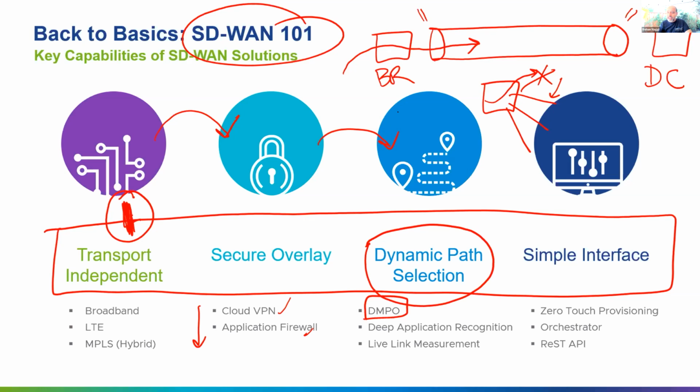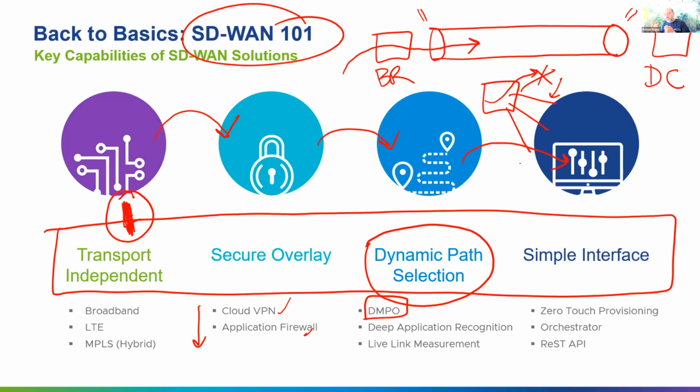And then at the end of the day, when you are using a technology like SD-WAN, it should have a simple interface, simple usage. It should not be complicated. If I'm drop shipping this SD-WAN edge device to, let's say, a remote branch location, a retail location, and then you have to call an IT expert.